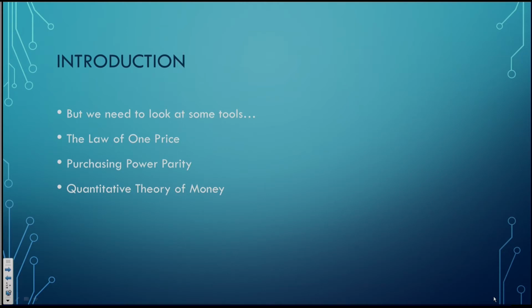Now, this is something out of your macroeconomics principles class, so we'll review that as well. And this is going to take us more than one lecture for us to really be able to talk about what influences exchange rates in the long run. We're going to need to have, I think, 2 lectures. So, let's begin.